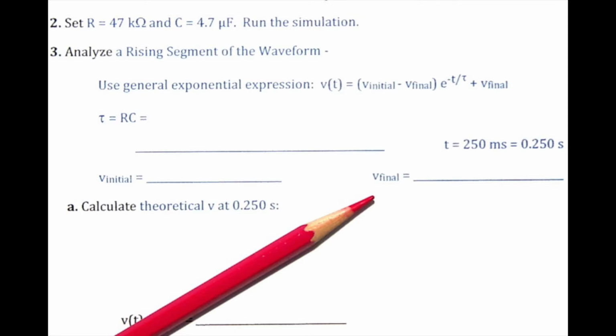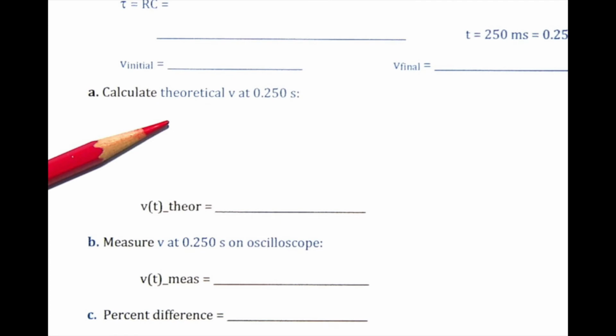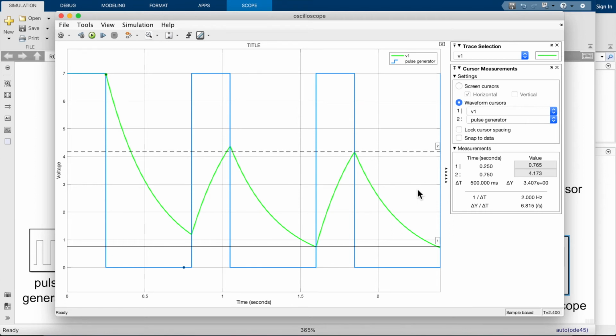We'll plug that in and calculate the voltage after 250 milliseconds, or 0.25 seconds, and put that value here as the theoretical value. And then we want to measure that. Go back to the oscilloscope trace and grab cursor number 2, the one that's dashed here, and put that at the point where the voltage has risen after 250 milliseconds from the start, and read that voltage over here under cursor number 2.